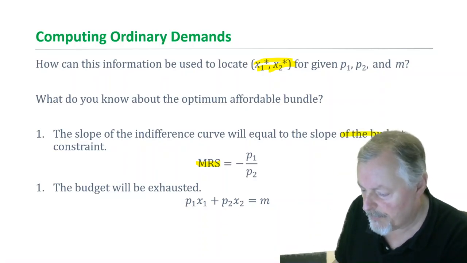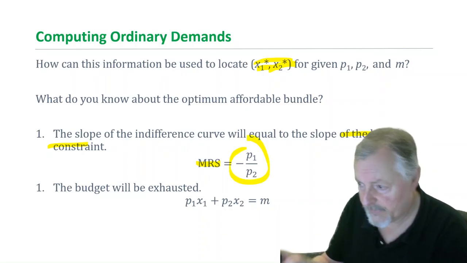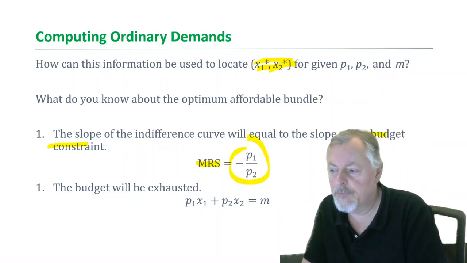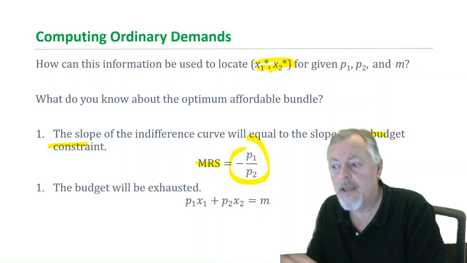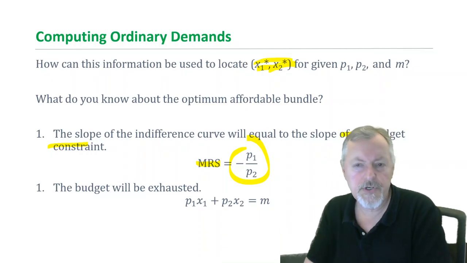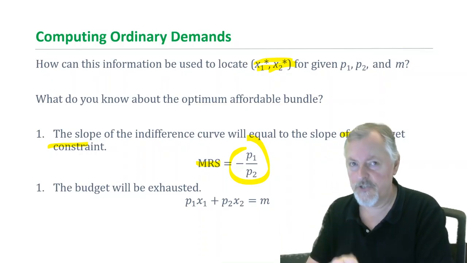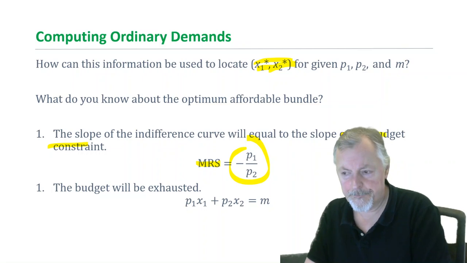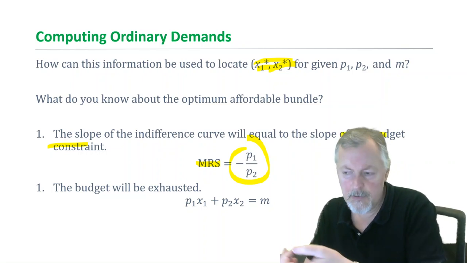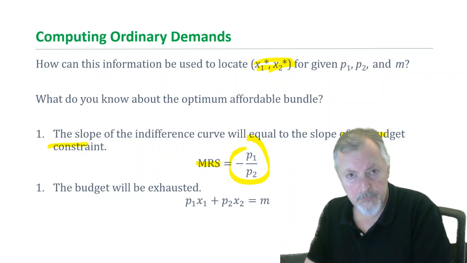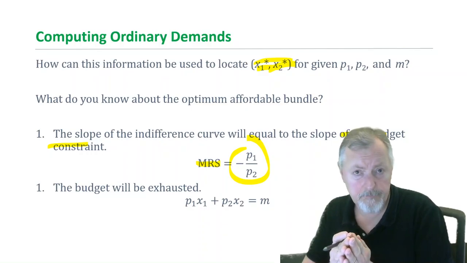What is the slope of the budget constraint? Well, it's negative the price ratio. That's the ratio at which you can exchange apples and oranges. Well, we know at the optimum consumption bundle, the slopes are going to be the same.